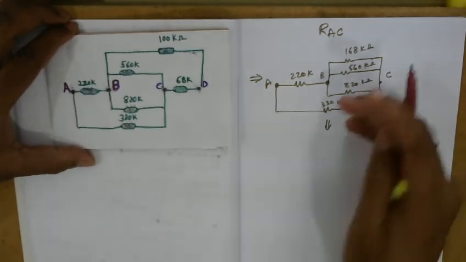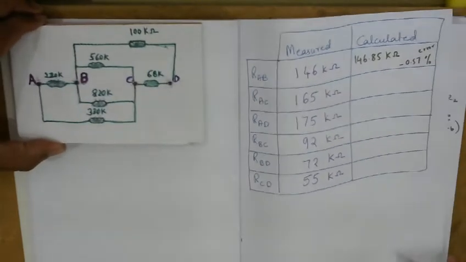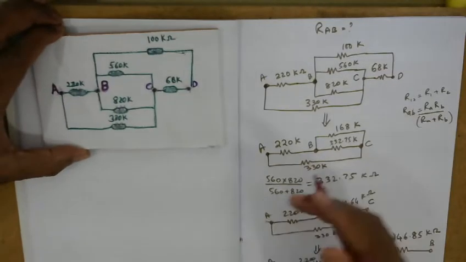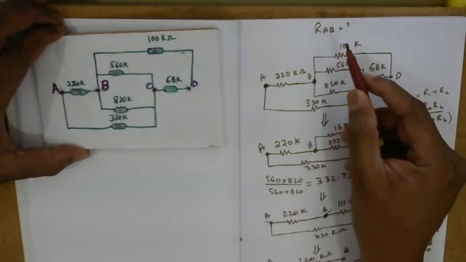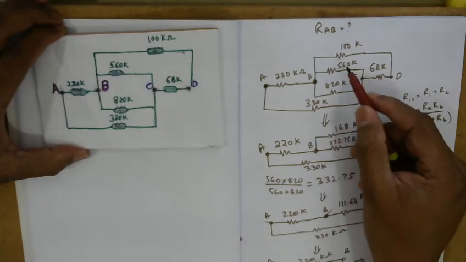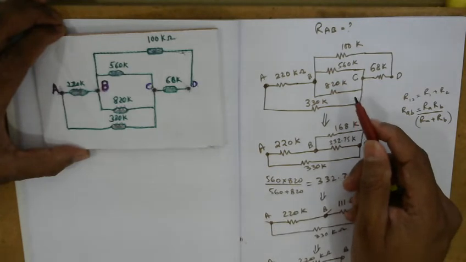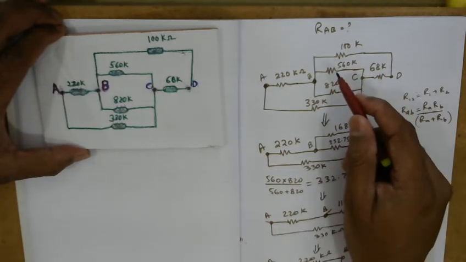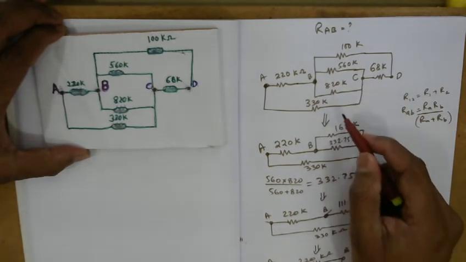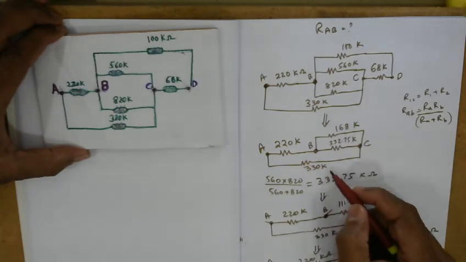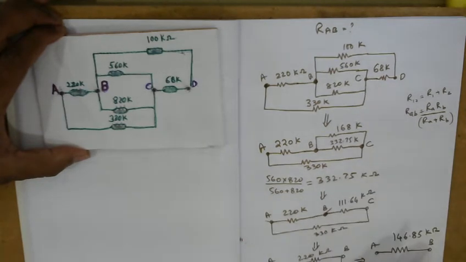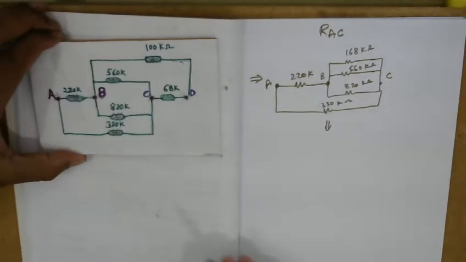In the previous problem for RAB, we had already calculated the parallel combination of 560 and 820, which is 332.75.